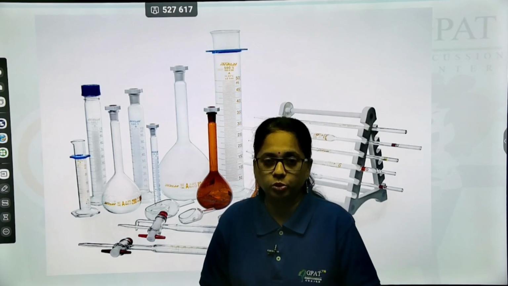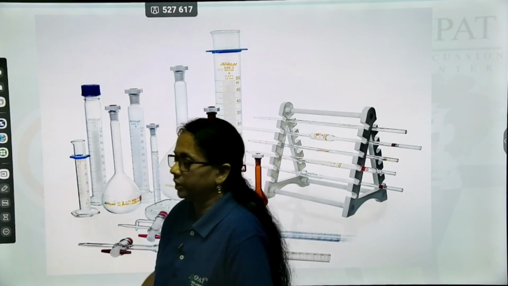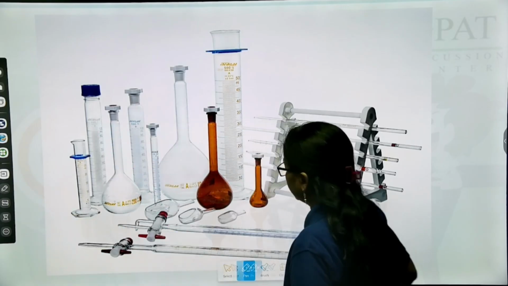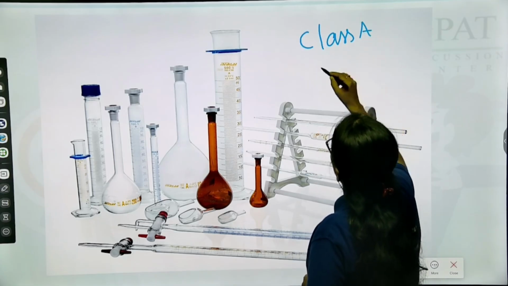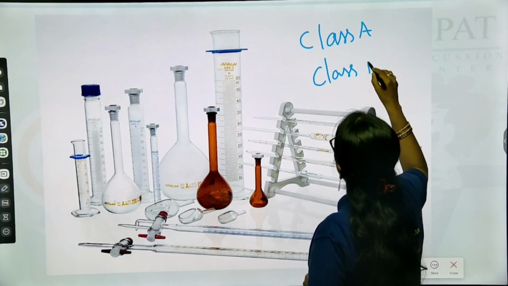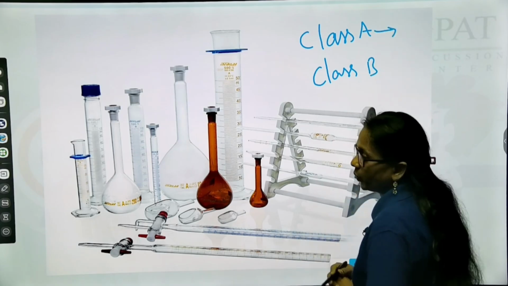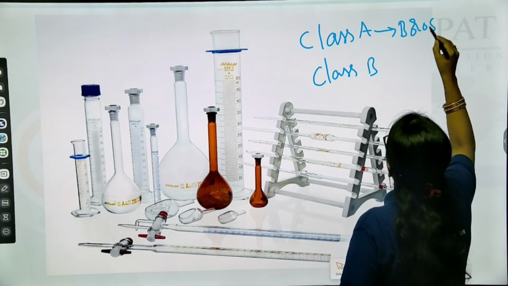In this also you are going to see two types of glassware, those are nothing but class A and class B. Okay, so these two are allowed in the laboratory experiments. In this class A glassware, which are majorly made up of borosilicate type glass.